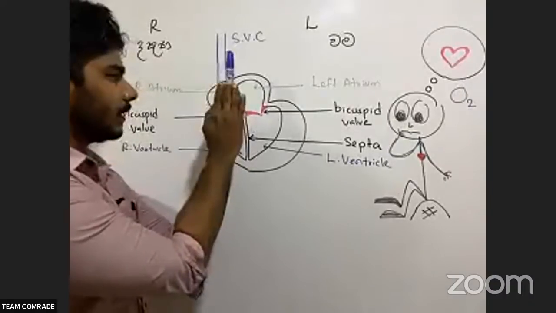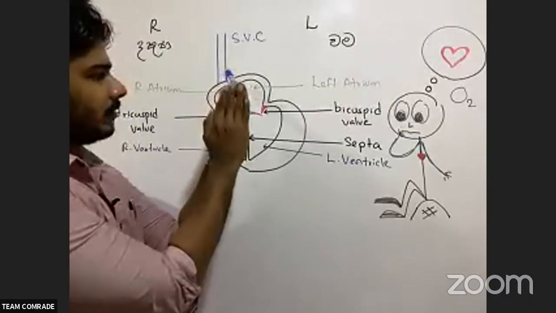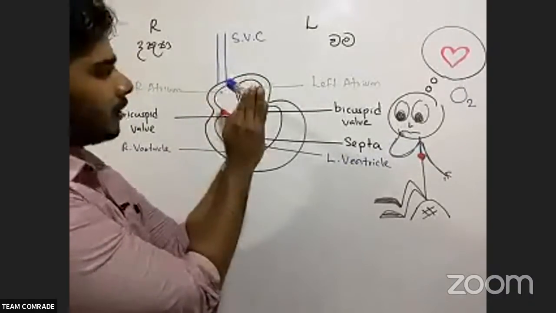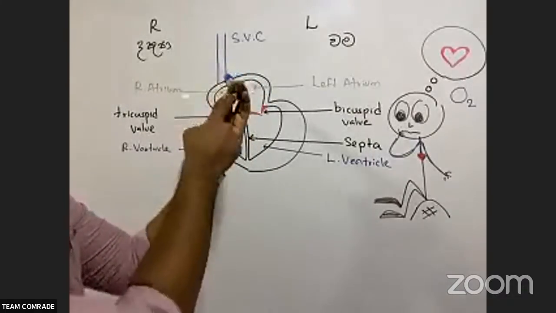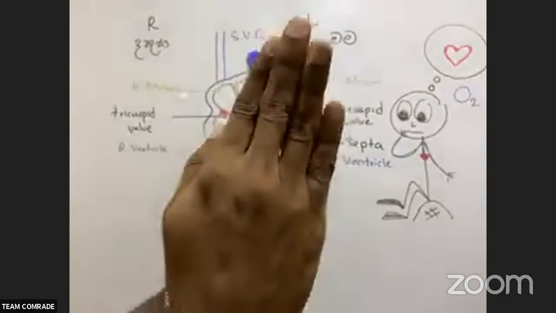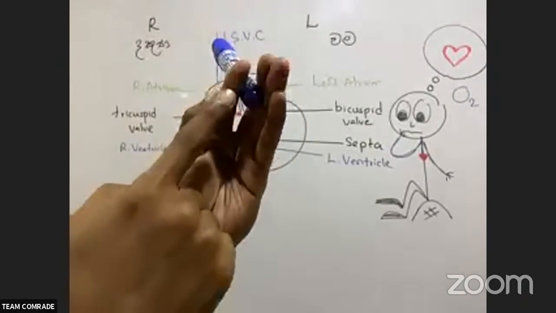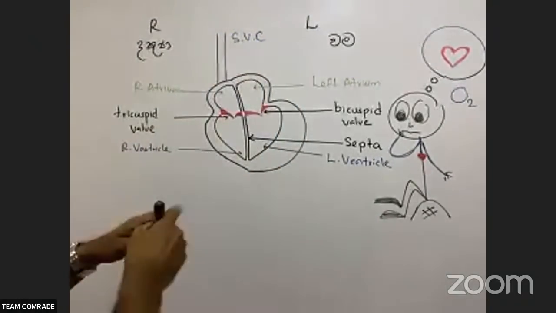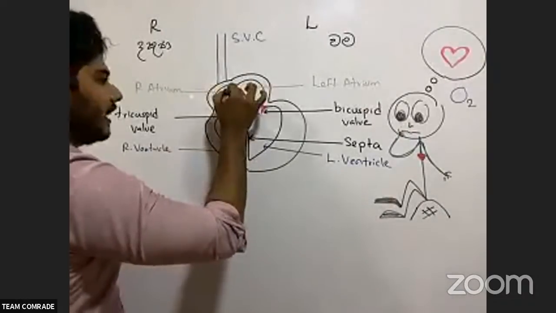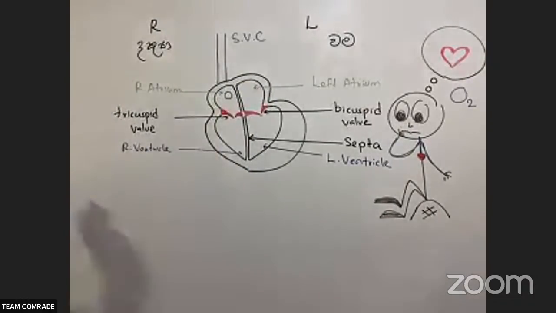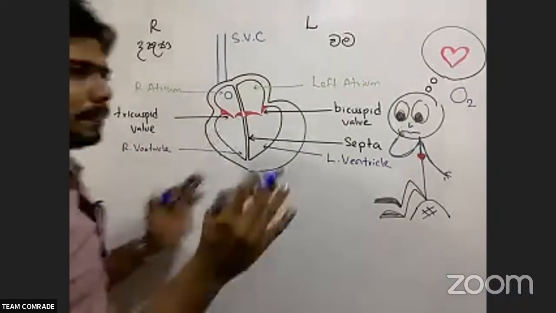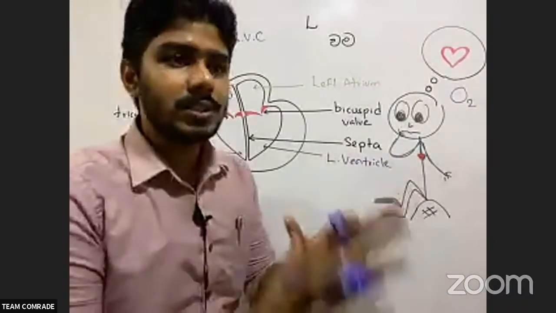The SVC is like that, and when I open it you can only see this part. So the blood enters from this area.